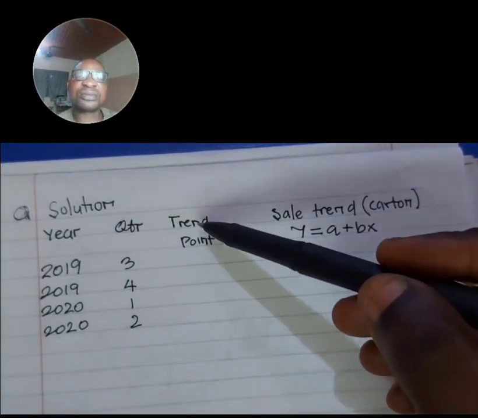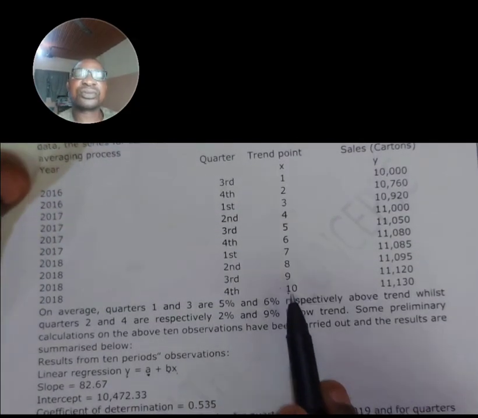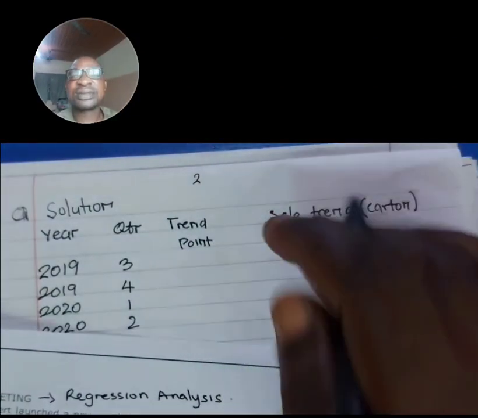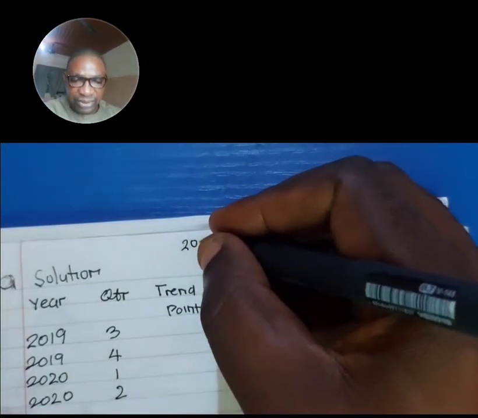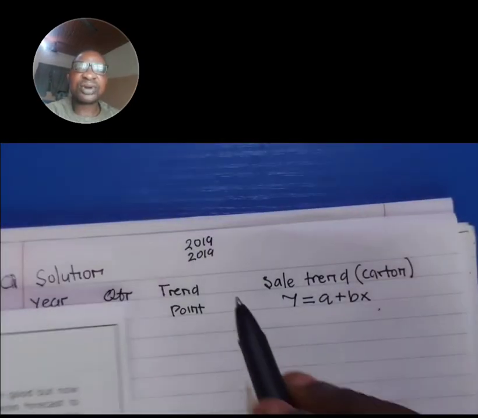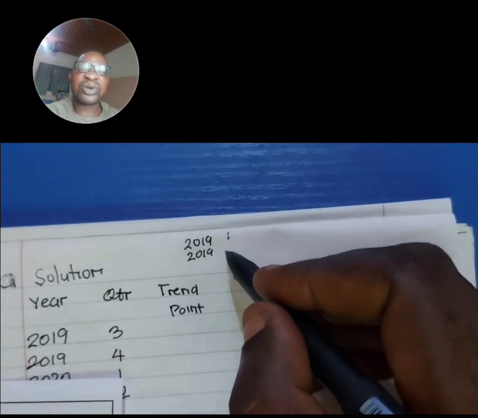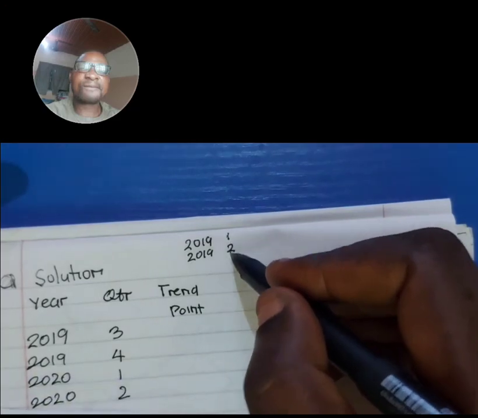Now, what is the trend point? From the question, for 2018, quarters 3 and 4, the trend point is 10. Class, I want you to follow me. After 2018, what comes next is 2019 quarter one and quarter two, but these are not required.